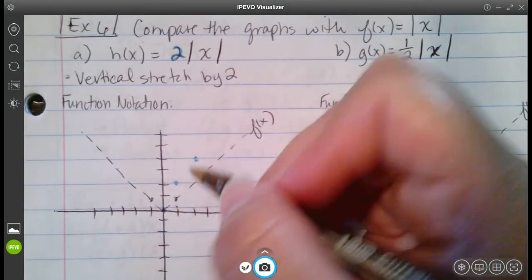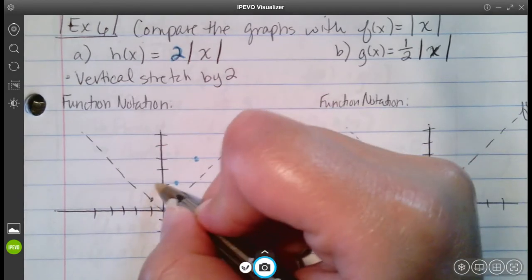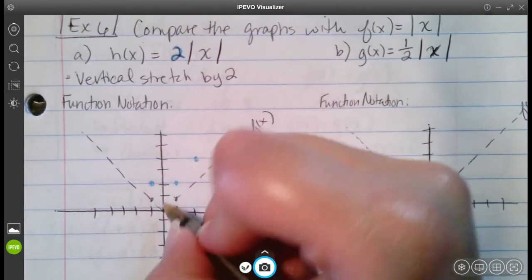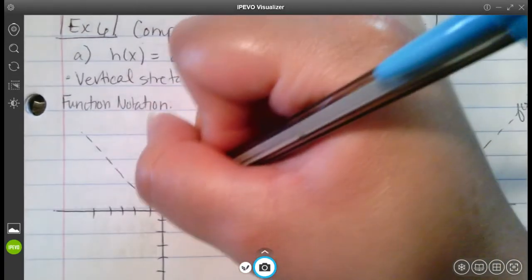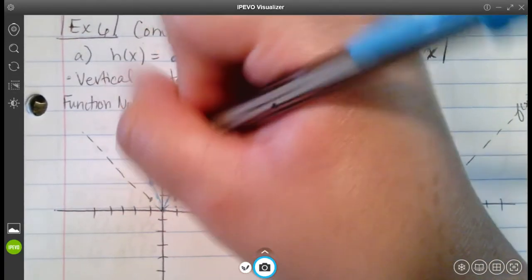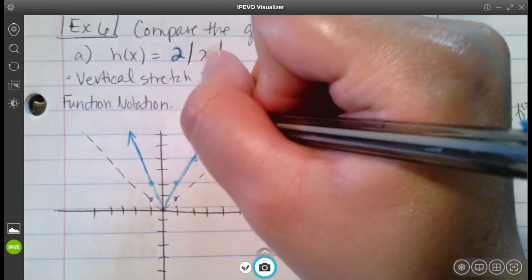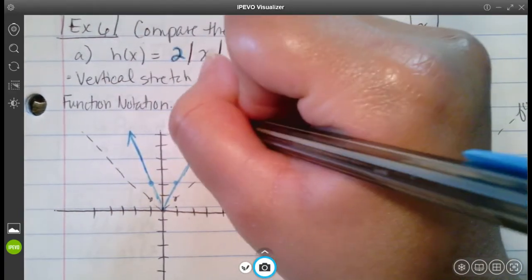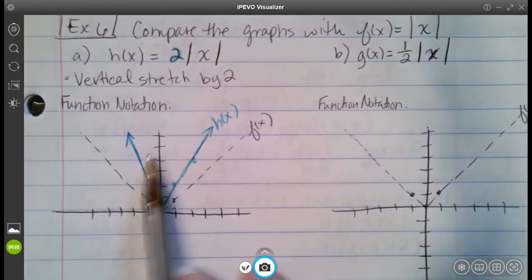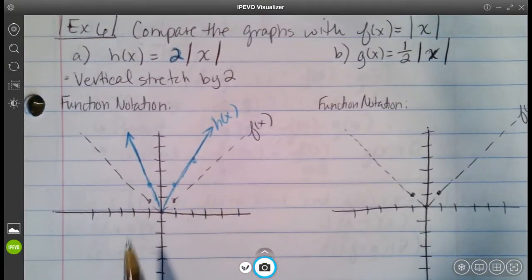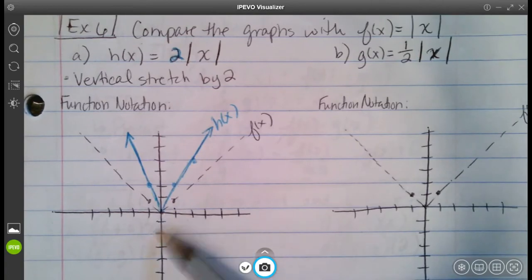What you want to do with the absolute value is put it on both sides. So up 2 over 1, and I really just want these points here. This represents h of x, and you can see that it looks thinner than the original. The reason is that we are vertically stretching the OG.